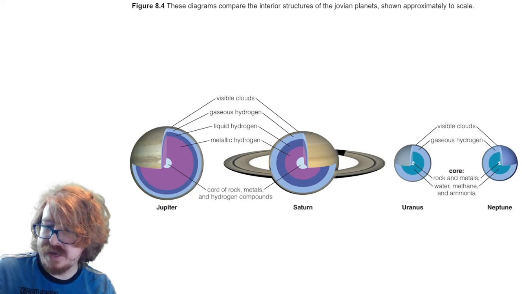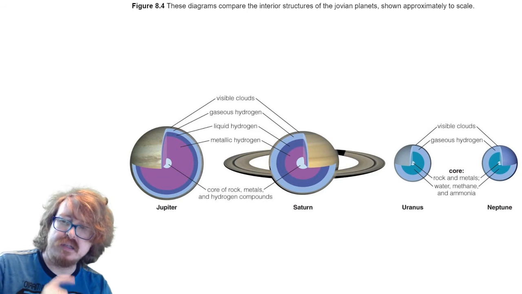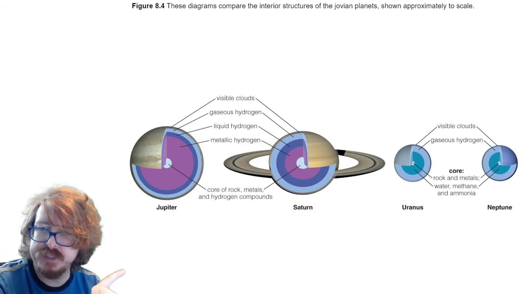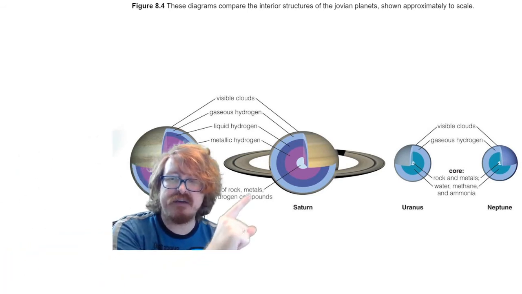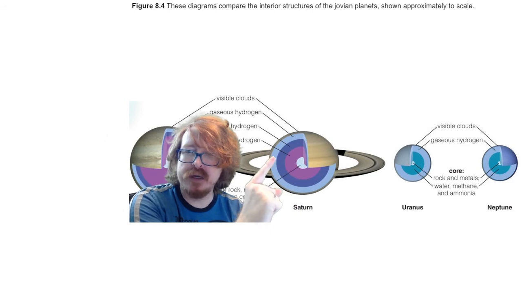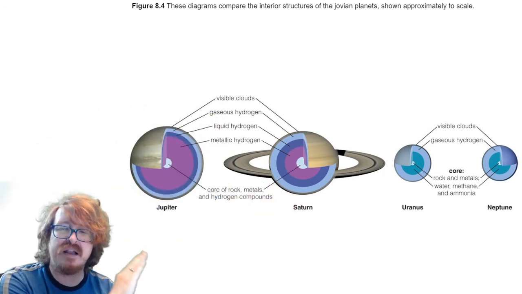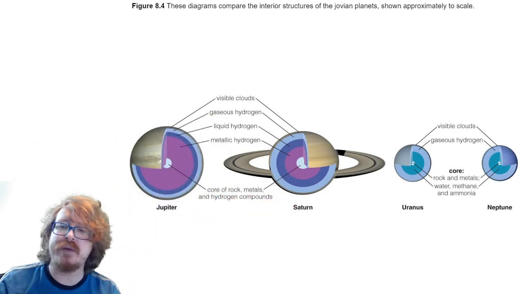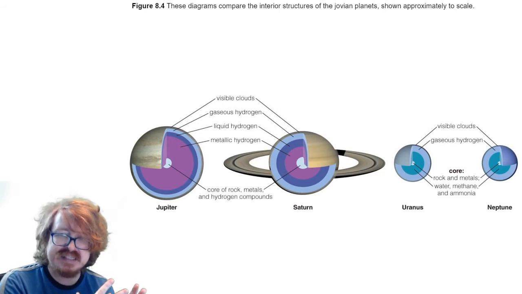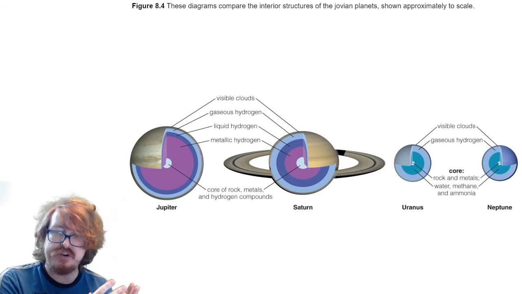That is correct. We're getting a lot less liquid metallic hydrogen. So it still has a very deep ocean, but more of the liquid hydrogen is regular, less of it is metallic. So what does that tell us about Saturn? Why would Saturn have less liquid metallic hydrogen inside?